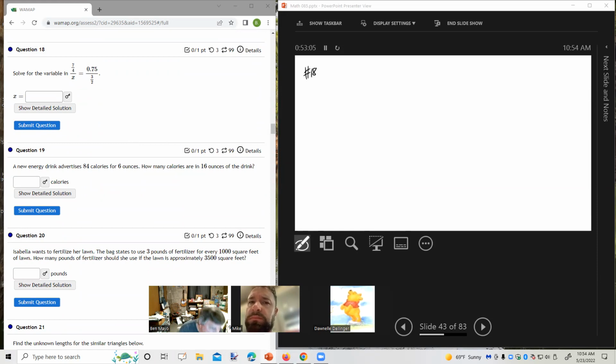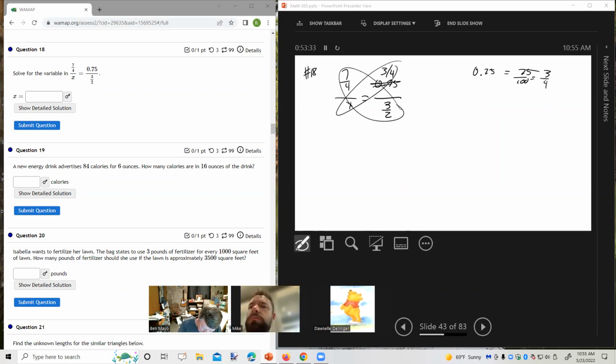Number 18. Solve for the variable in the following. 7/4 over x equals 0.75 over 3/2. Some of it's fractions, some of it's decimals. It'd be nice to have it all the same. I'm going to go ahead and change 0.75 to 3/4, because 0.75 would be 75 hundredths would be 3/4.